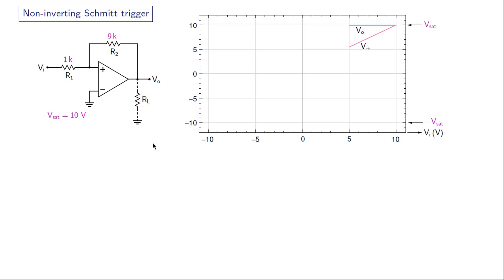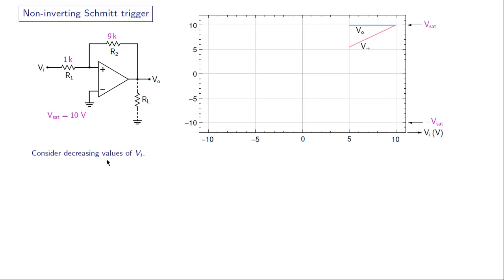Alright, now let us see what we expect as Vi is decreased. V plus is going to decrease, because as we saw in the last slide, V plus is proportional to Vi, and at some point V plus would become negative, and at that point VO will flip from plus Vsat to minus Vsat, and let us see when that happens.